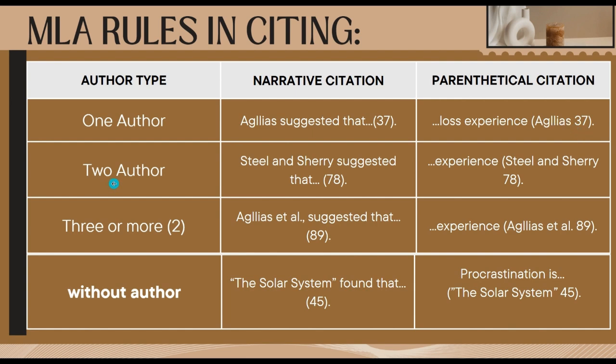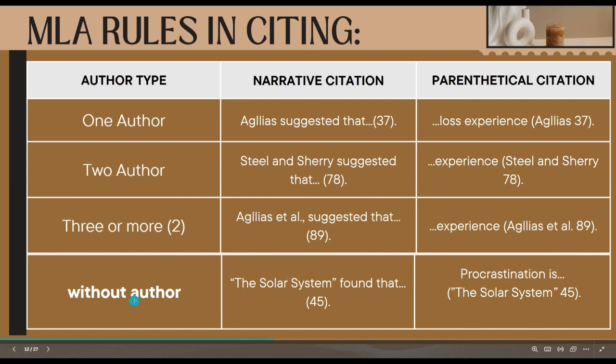For two authors in MLA, the way of citing in narrative citation and parenthetical citation is the same because the word "and" is consistent. For three or more, same format, but we have no comma separating the authors and page number.